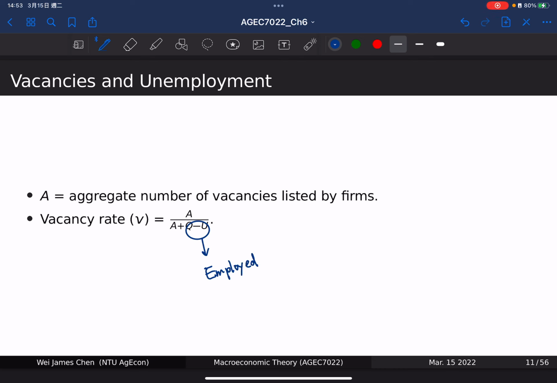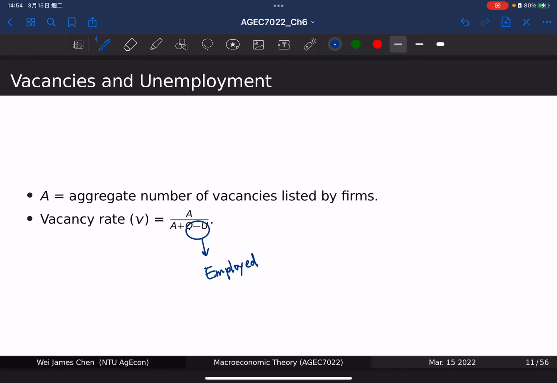So employed plus A, that's the aggregate number of vacancies. Employed plus vacancies, that's what? Yeah, the total number of jobs.